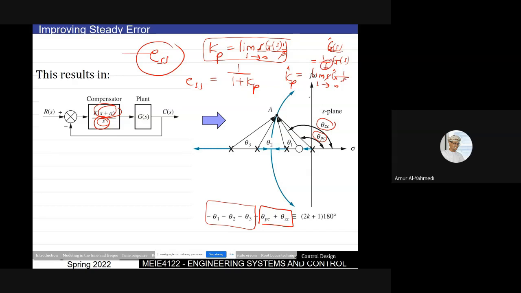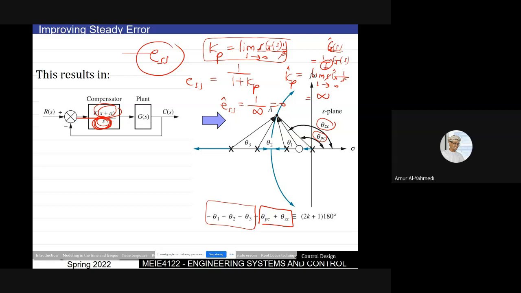So what will it be? قاعد وش يسمى أقسم على عدد صغير جدا. Infinity. So what will be the steady state error, new steady state error? 1 over infinity, which means this will be 0. Yeah. So by adding this pole here, by putting this one, I'm improving the error. I'm making it 0 nearly in that case.